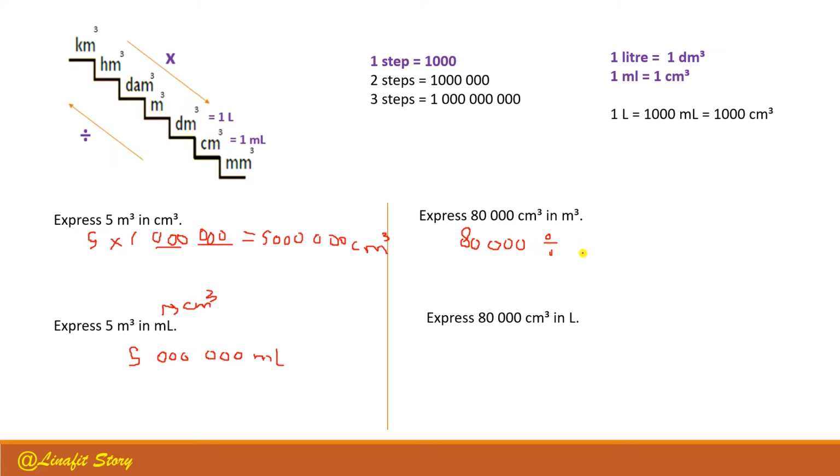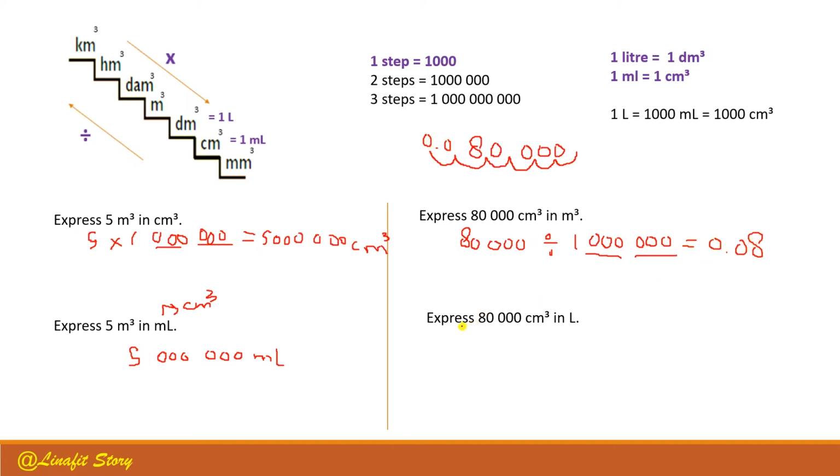So divided by 1 million. 80,000 divided by 1 million. There are 6 zeros because divide. So we move to the left 6 times. 1, 2, 3, 4, 5, 6. So the answer is equal to 0.08.